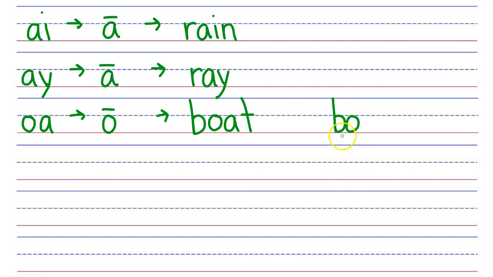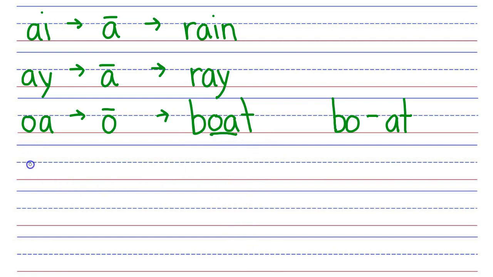A BO, where the O makes a long sound, bow, and an AT, closed syllable, where the A makes a short sound, bow-at. But that would be silly, because OA is a vowel team. These guys work together to make just one sound. B-O-T, boat. Okay?